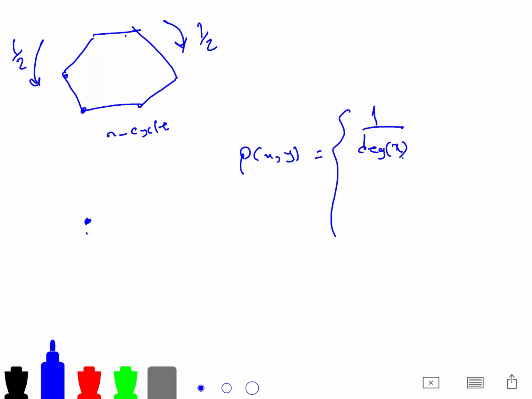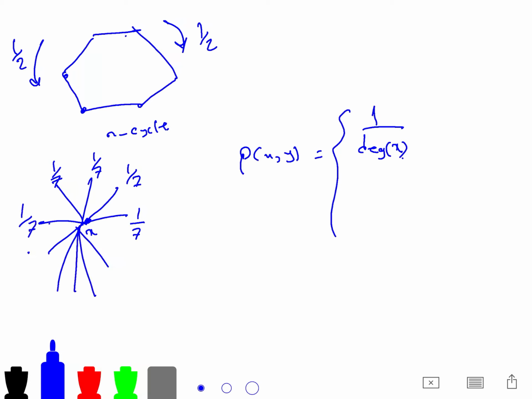For example, this is x. The more edges we have, for example, 1, 2, 3, 4, 5, 6, 7, the probability is 1/7. So the probability gets smaller the more we add new edges. So it's 1 over degree of x if y is a neighbor of x. Otherwise, your probability is 0.